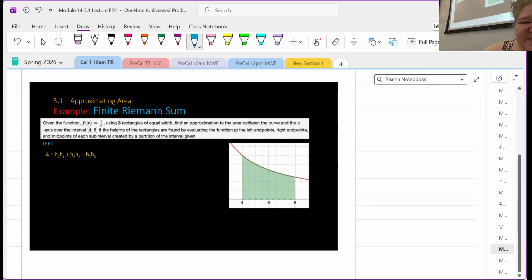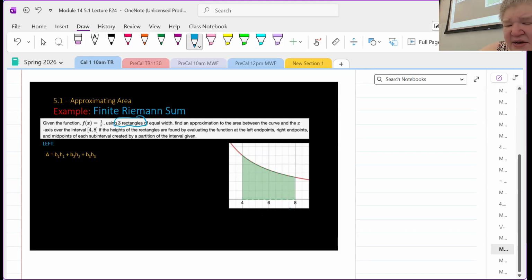We want to approximate the area between the x-axis and the curve over the interval from 4 to 8. So if I take the heights of the rectangle by evaluating the left endpoints, I need to first subdivide this into 3 rectangles.